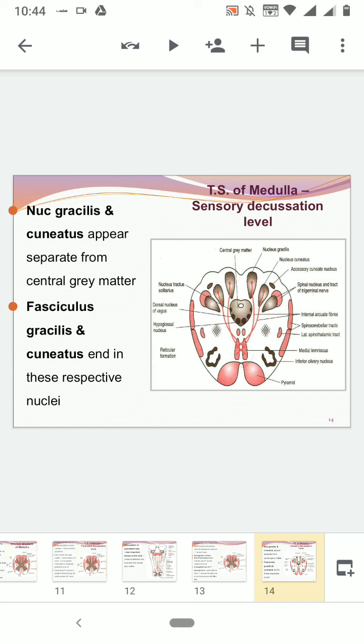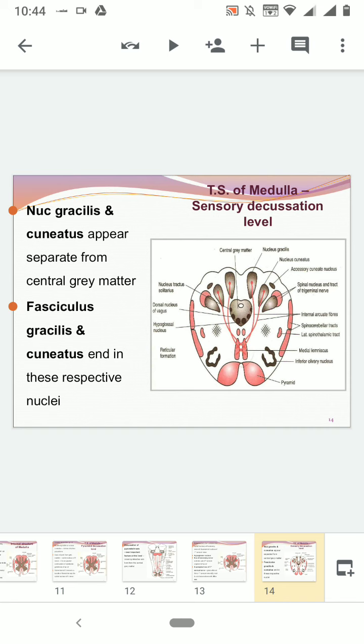Okay, so this is a little bit higher section, and we can see the central gray matter in the center, and we have some nuclei over here which are clearer now. Then as we go more posterior or more dorsal, we have nucleus gracilis, nucleus cuneatus, and the spinal nucleus of trigeminal nerve with the spinal tract.